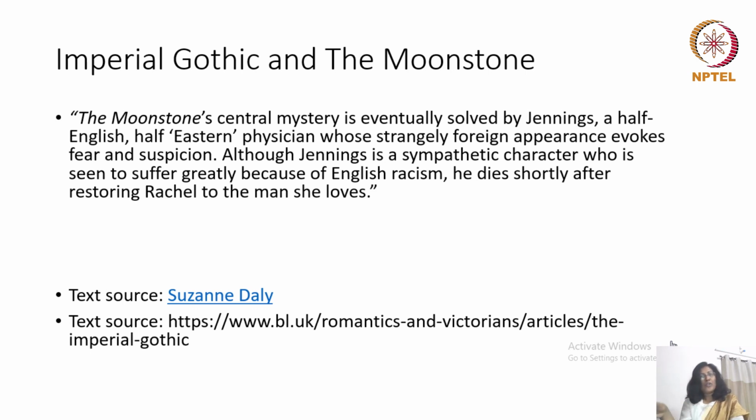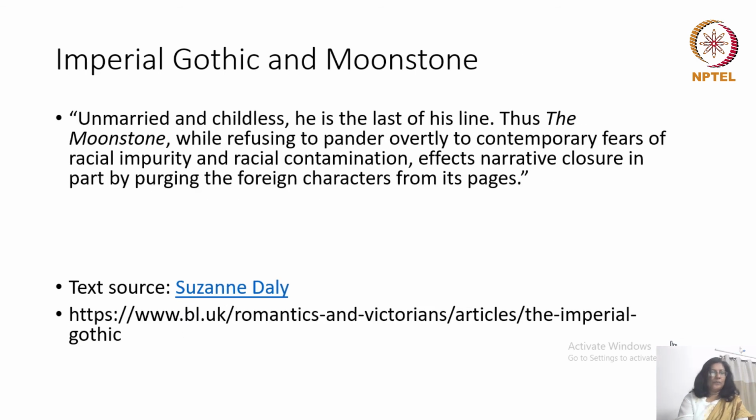He is written out of the narrative, and that is also very, very interesting to us, how the hybrid character, the mixed race character, is written out, eliminated from the pages of the novel. So this Imperial Gothic narrative is also solved by somebody with Oriental Eastern associations.